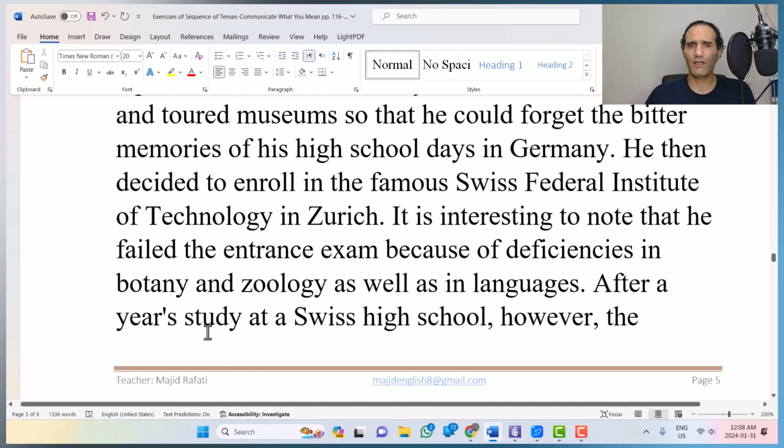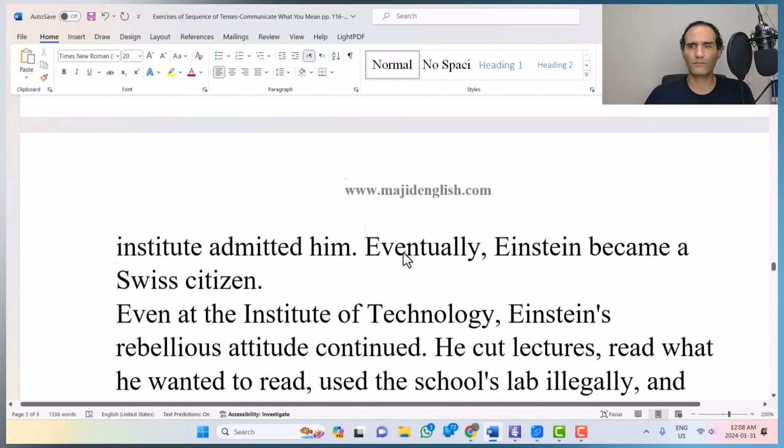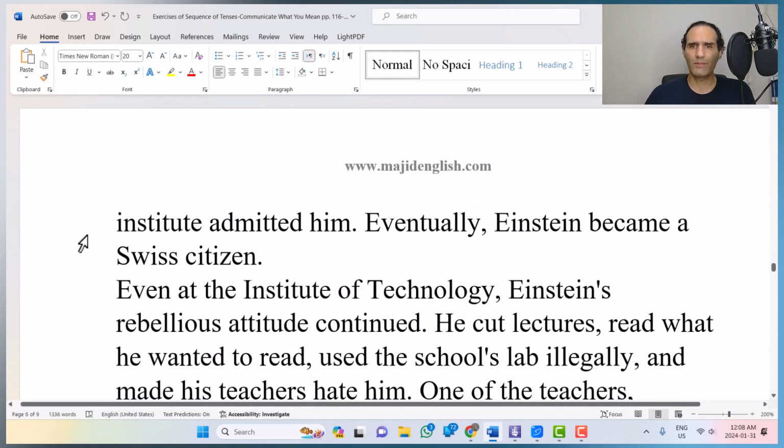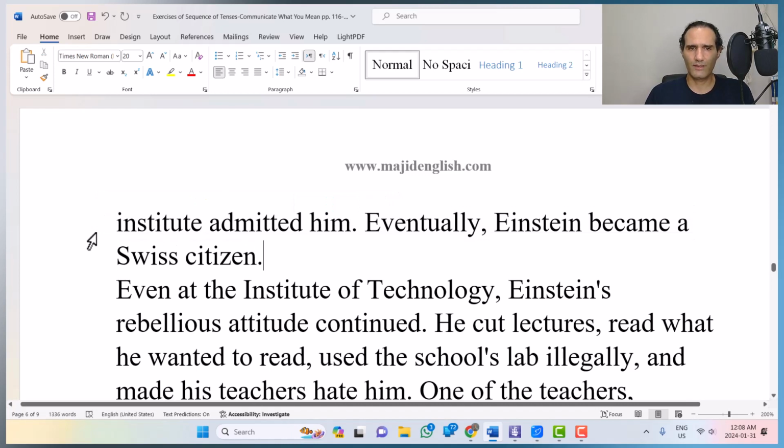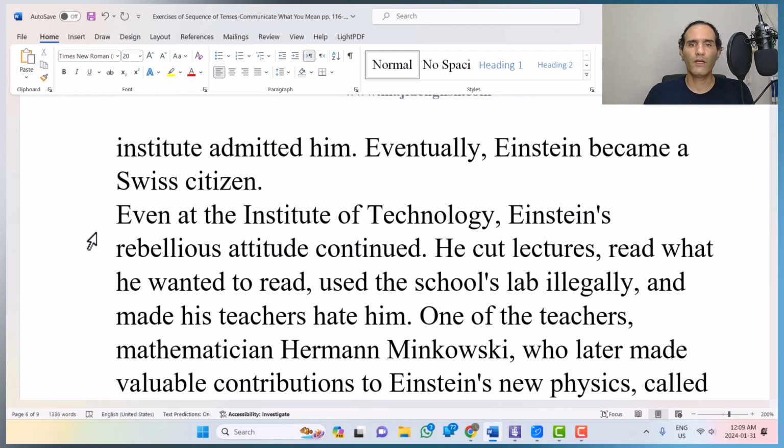Because he failed some of the tests in botany, zoology, and languages. After a year's study at a Swiss high school, however, the institute admitted him. Eventually, Einstein became a Swiss citizen. Good. Even at the Institute of Technology, Einstein's rebellious attitude continued.